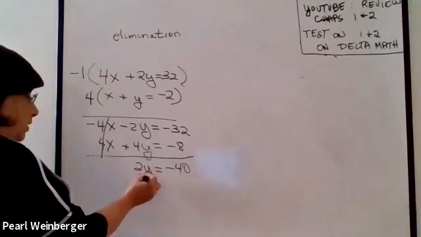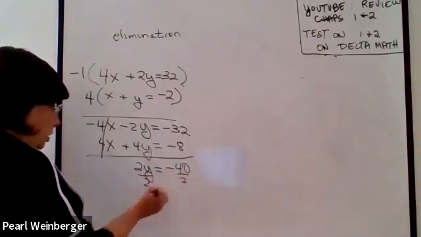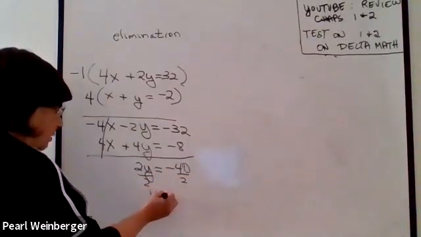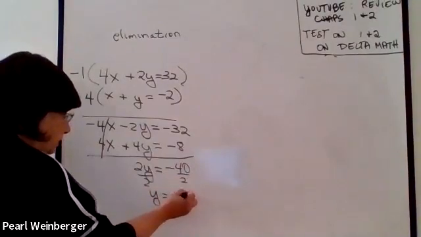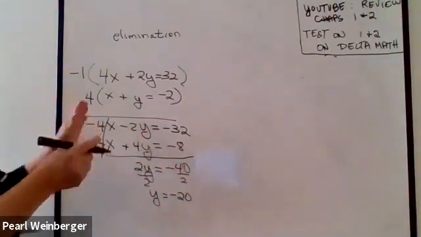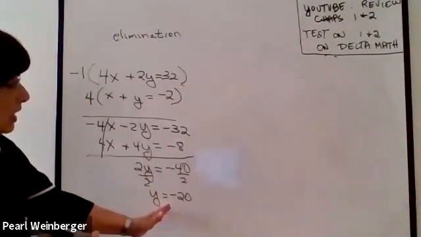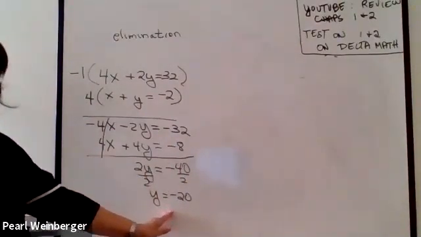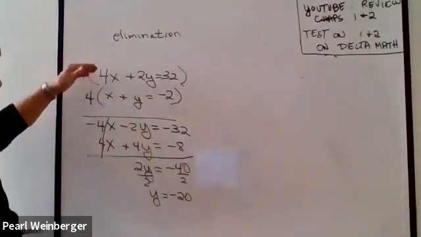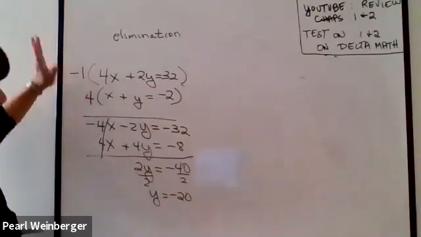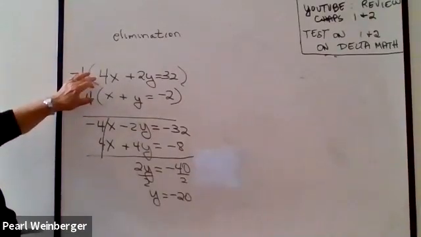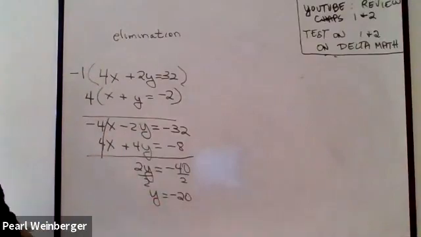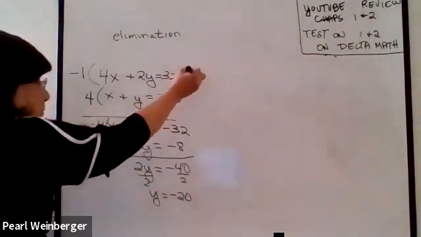And now I'll just divide both sides by 2, which will give me y equals -20. I have eliminated the x's and I've solved for my y. Now I go back to either one of the equations. I can take the first one and replace the y with -20. Let's say I take this equation.